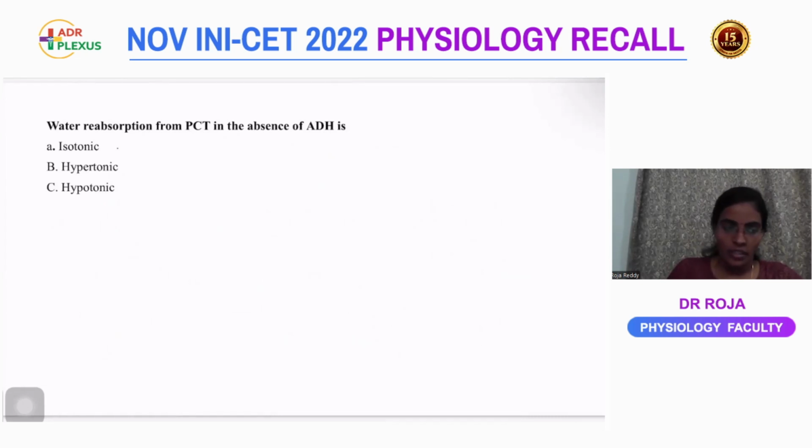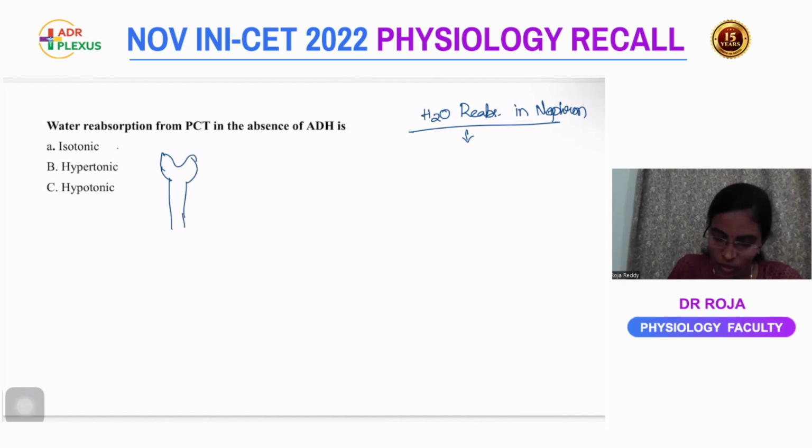If you look at the water reabsorption in the nephron, it doesn't occur in a single segment. It happens in multiple segments of the nephron, which are responsible for water reabsorption. So the first segment is the PCT.